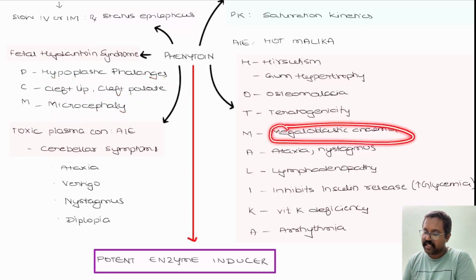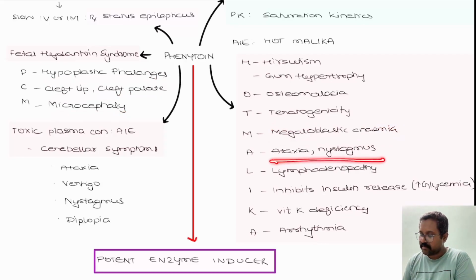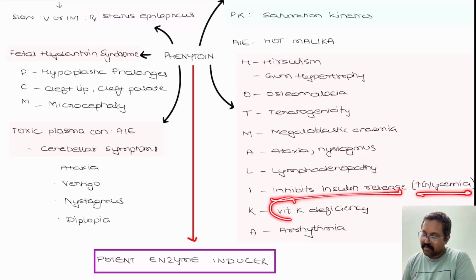Megaloblastic anemia can occur due to decreased folic acid absorption. CNS related side effects, it can cause nystagmus and ataxia, it can cause lymphadenopathy, it causes hyperglycemia because it inhibits the insulin release, and vitamin K deficiency, leading to an increase in bleeding risk, and arrhythmias.